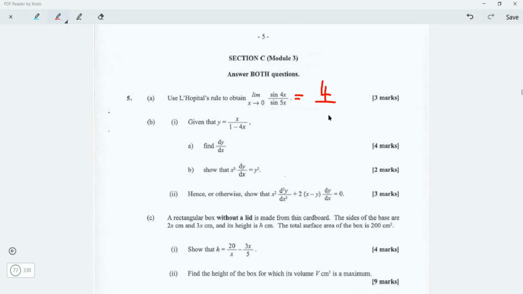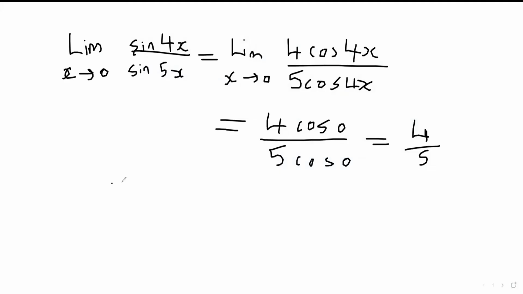Now, the next one, Marika, says y is x over 1 minus 4x. Find dy by dx. So y is equal to x over 1 minus 4x, and we need to find dy by dx. All right, I'm just going to reduce the font size. I don't like it. How do I reduce the font size?